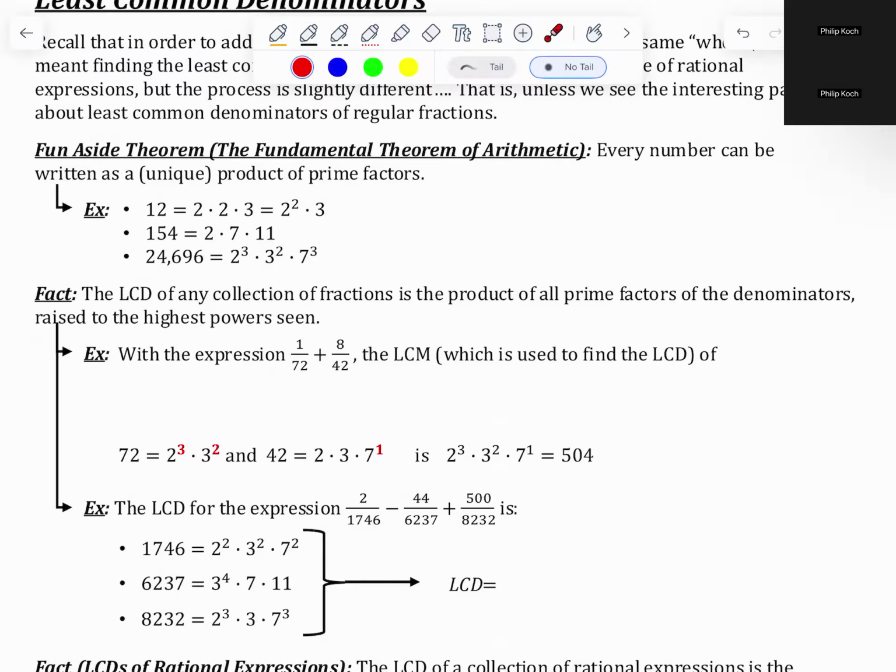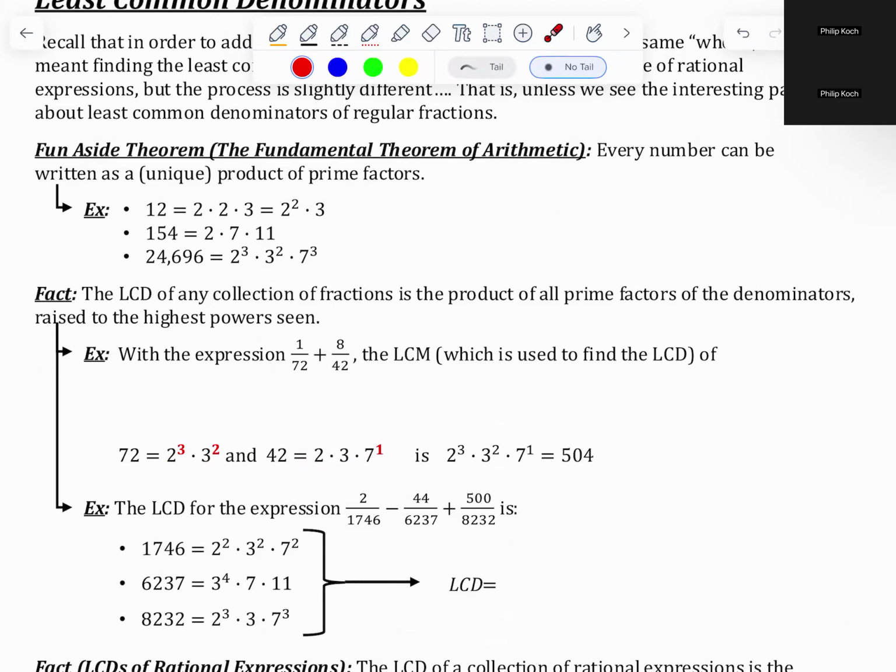All the prime factors that we see in the denominators are a 2, a 3, and a 7. They both share a 2 and 3 in common, but we need to make sure this is a common denominator of all the denominators, so it also has to include a 7.